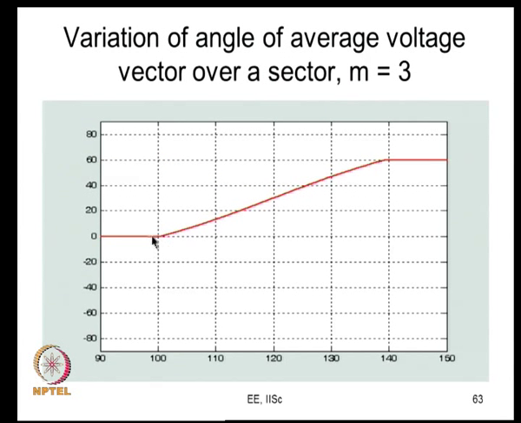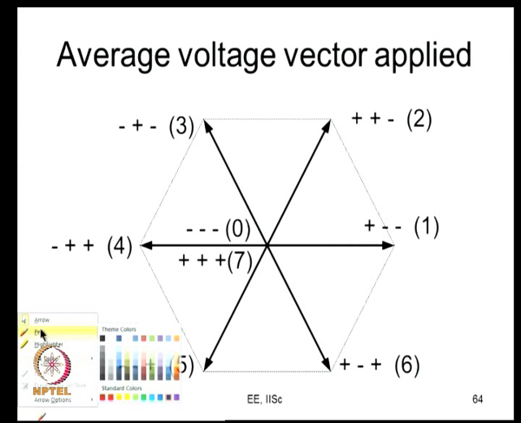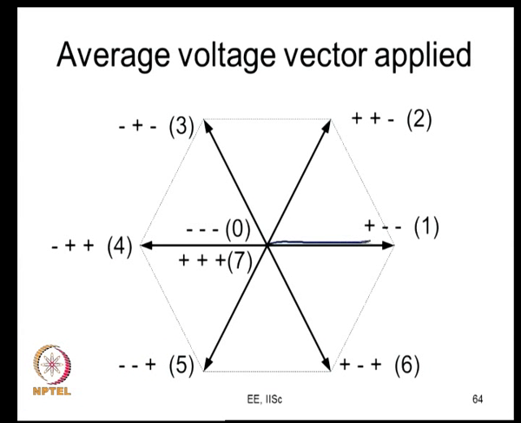But if you look at the angle, because active vector 1 alone is applied here, it is not moving at all, it is 0. Here active vector 2 alone is applied, it is not moving. In between it moves more or less like a straight line, not exactly, but this can be approximated as a piecewise straight line. Therefore when you go to the range m greater than 2, what this PWM does is it moves a little like, first it is here for a longer time.